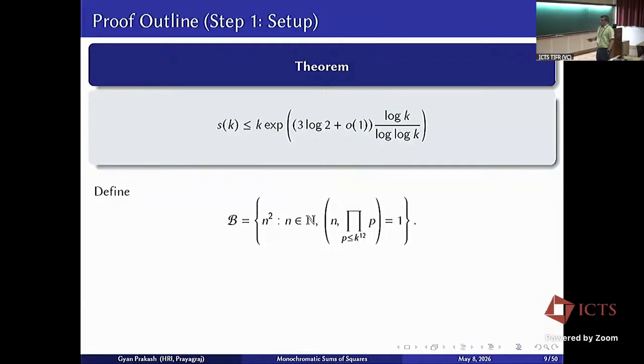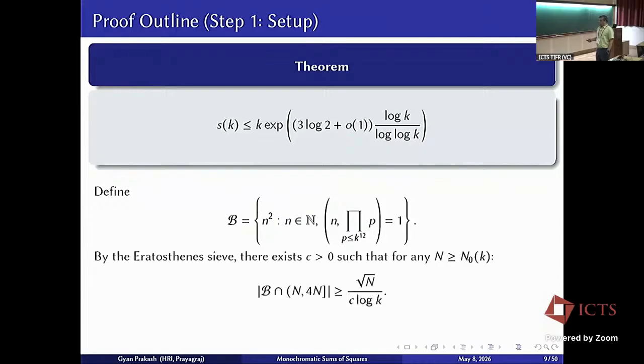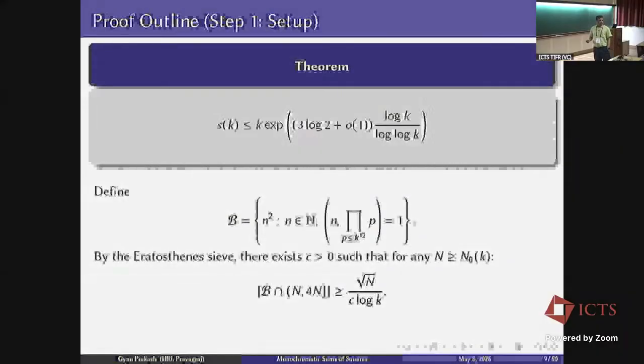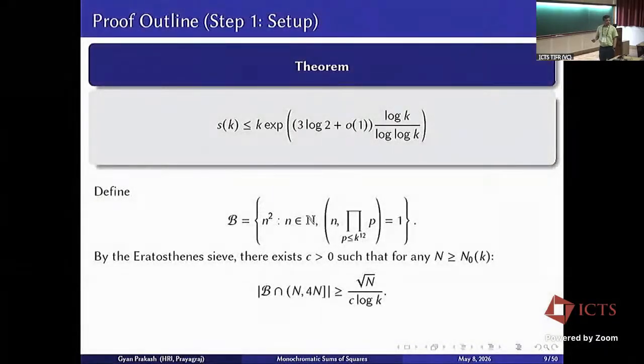Okay, but we have to ensure that we are not losing too many things, and that is because our K is fixed, the Eratosthenes Sieve, which is in other words just the principle of inclusion and exclusion, assume that B intersection n to 4n is greater than square root n by C log K. Now, if you notice here, I can verify this, that this function in the order does not change if K is replaced by K log K. So if I consider the right hand side function Gk, then Gk and Gk log K have the same order.